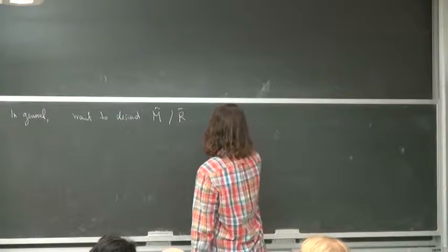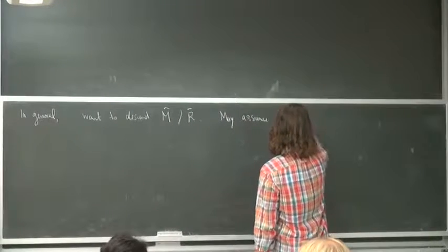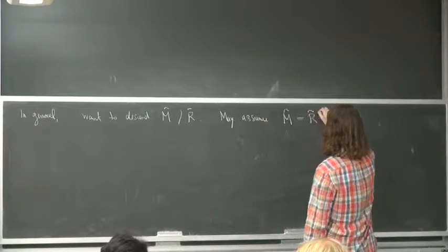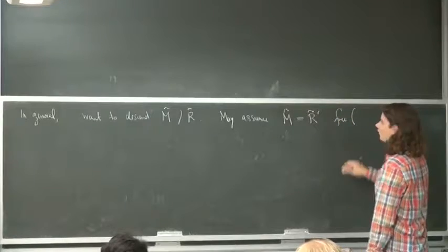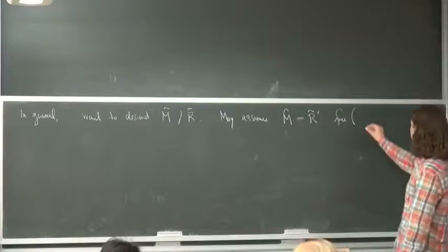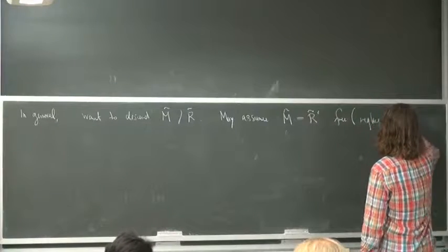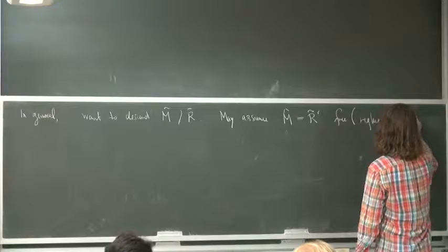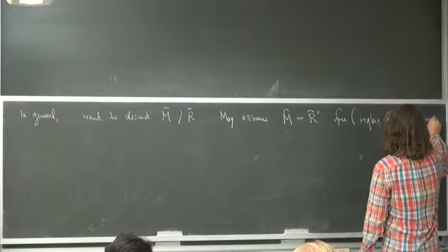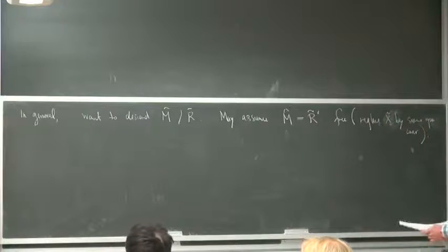So you may assume that M tilde just as an R tilde module is free, just by replacing X tilde by some open cover over which the module becomes free.